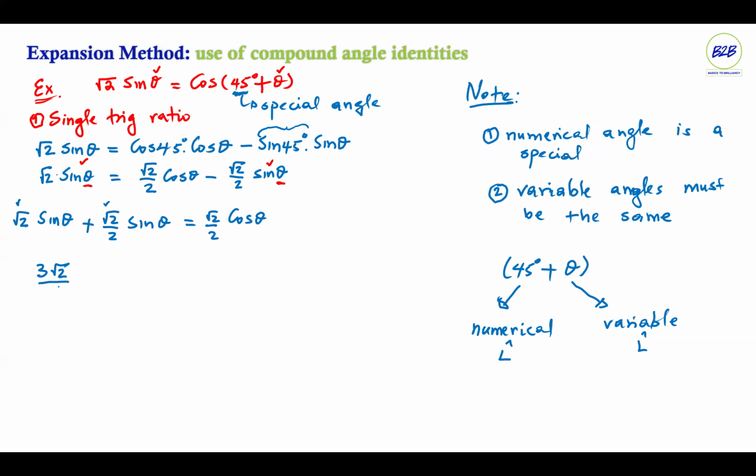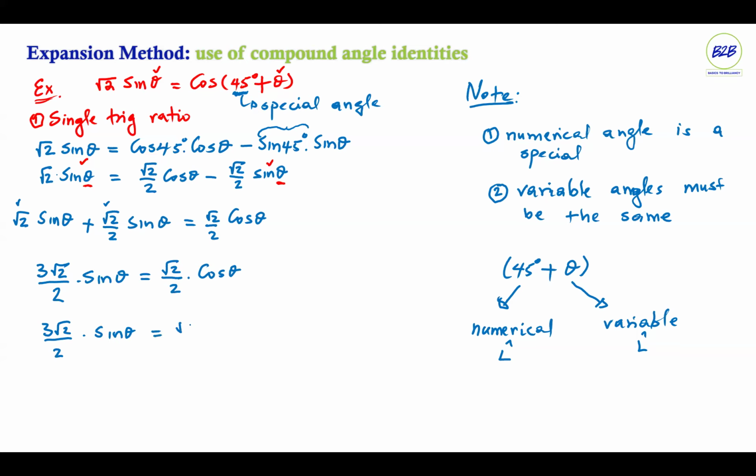Root 2 plus root 2 over 2 is 3 root 2 over 2 times sine of theta equal to root 2 over 2 times cos of theta. And I think you are familiar with something of that nature. This is 3 root 2 over 2.